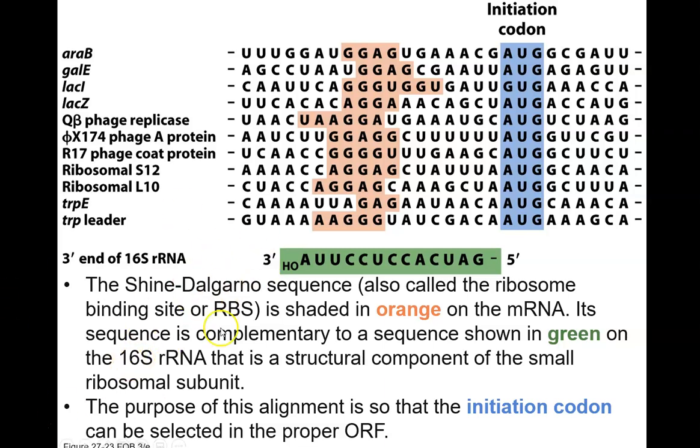This is called the ribosome binding site, or Shine-Dalgarno sequence, after the people who discovered it. It's shaded orange in here, and that sequence is complementary to a sequence shown in green on the ribosomal RNA. The purpose of this is to set the proper open reading frame and to find the initiation codon.